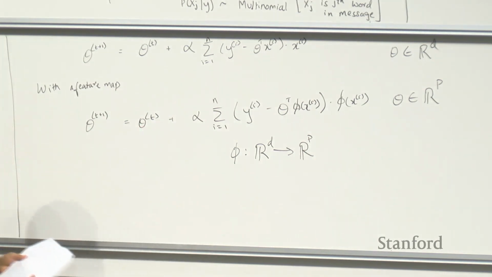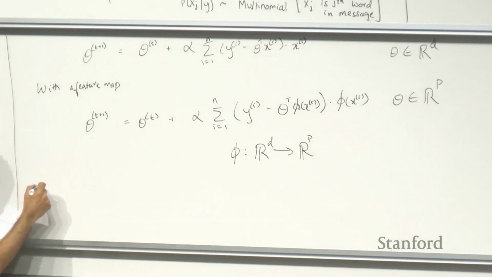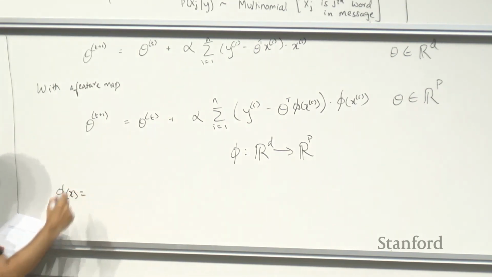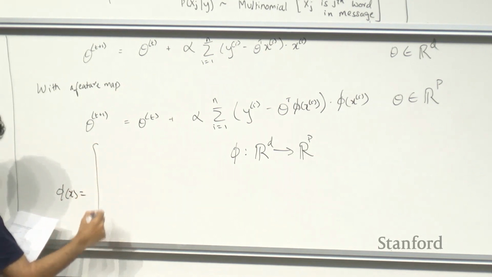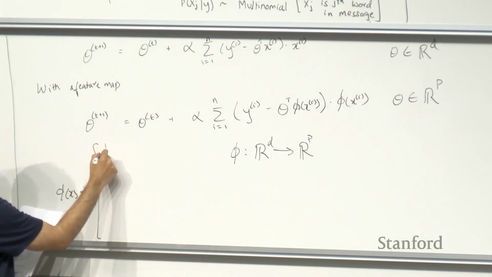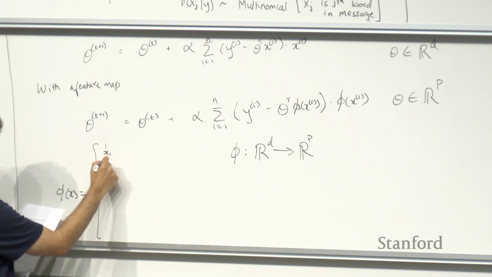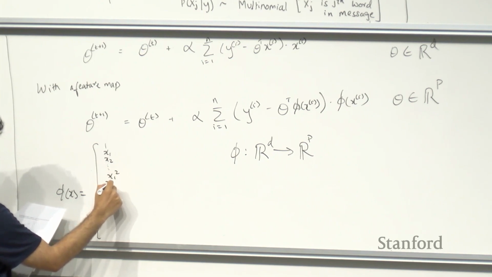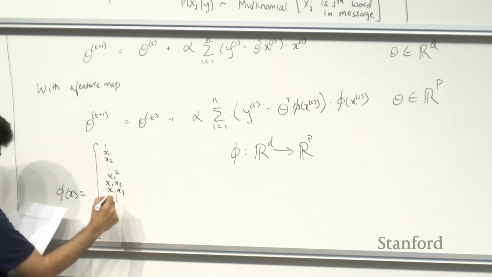And now imagine our phi to be a feature map like this. This is just one example: phi of x equals 1, x1, x2, and all the rest, then x1 square, x1 x2, x1 x3 and so on.